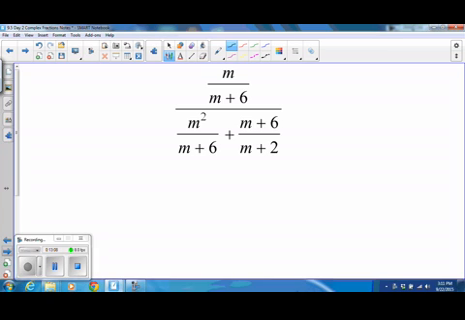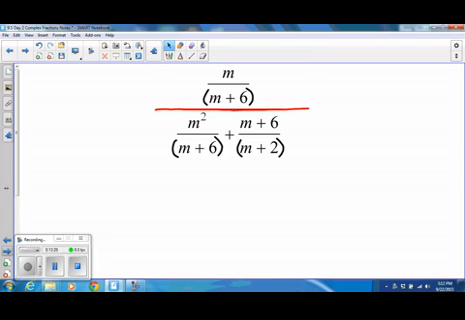Now, remember, when you see them on your paper, they're not going to put the parentheses around all your groups, around all your expressions. I do that on my own. So this is m plus 6, m plus 6, m minus 2. Now remember, this is your big fraction. Okay? So look at all three denominators and then decide, what does your common denominator have to be?